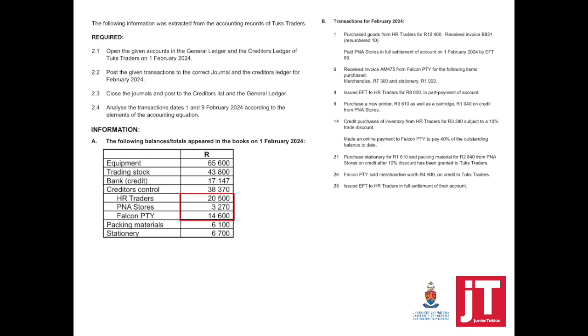Information number B, they provided us with a list of transactions. Now this activity will focus only on the creditors journal and the cash payment journal. So now you need to identify which transactions will go in the CJ and which will go in the CPJ.